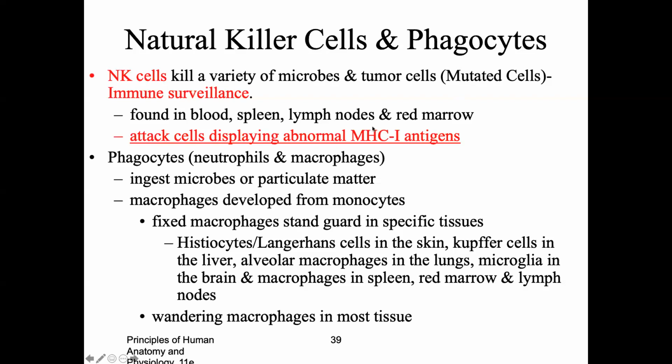Now, what happens when I give somebody a different organ, a different kidney? Well, the cells of that kidney have different flags, different MHC1s, because it's not for me, and I don't have an identical twin. So the actual cells that make up the kidney have a different protein receptor combination than mine.